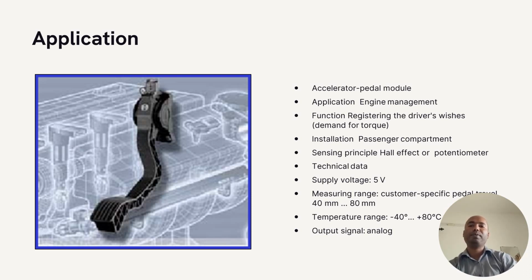The sensing principle is Hall effect or potentiometers. The supply voltage is 5 volt and the output voltage varies from 0 to 5 volt. The measuring range is specifically from 40 mm to 80 mm. The temperature range is minus 40 degrees Celsius to 80 degrees Celsius. It gives an analog signal output, so it needs post processing or signal processing.